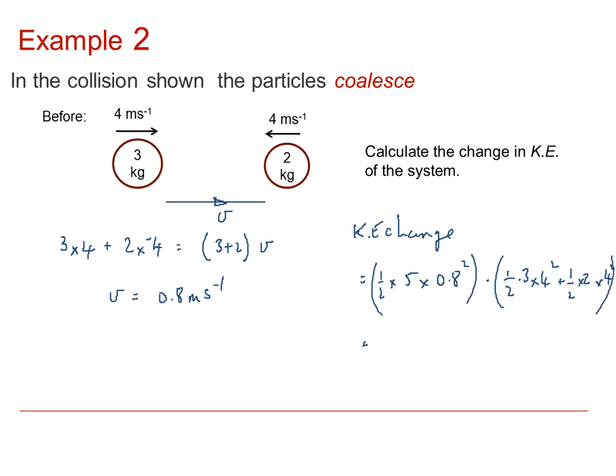If you calculate that, you get negative 38.4 joules. So a loss of energy, this time of 38.4 joules.